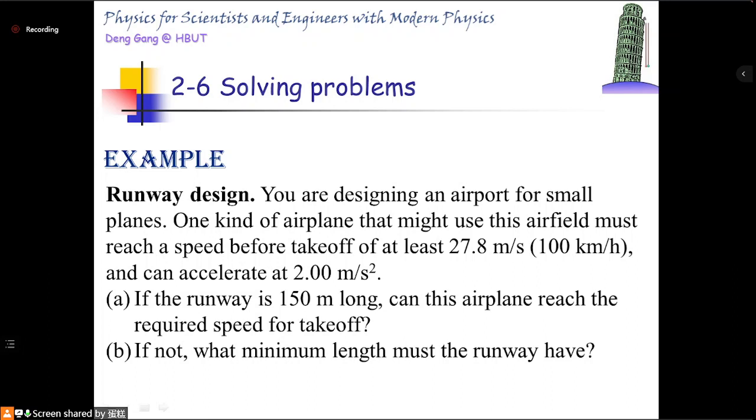And it can accelerate at 2 meters per second squared.